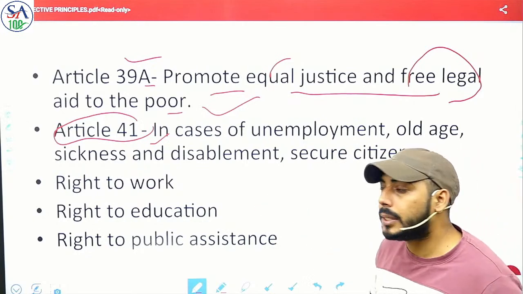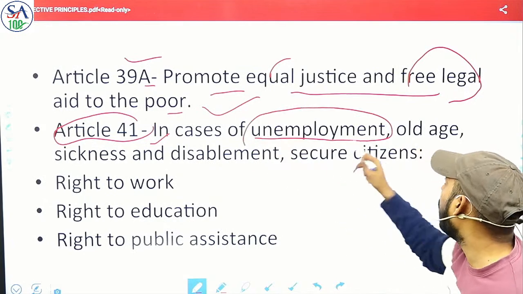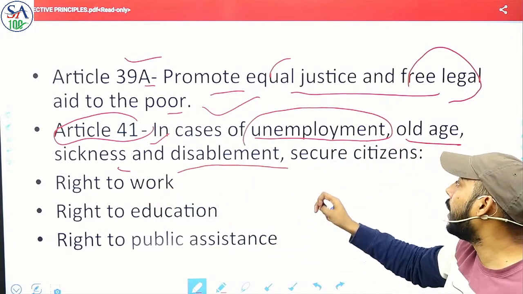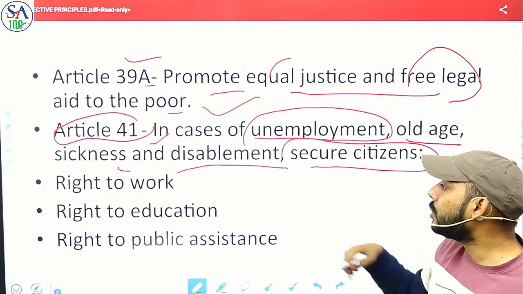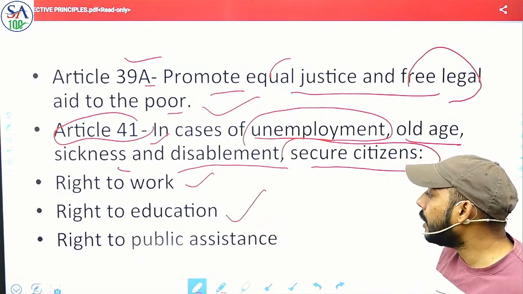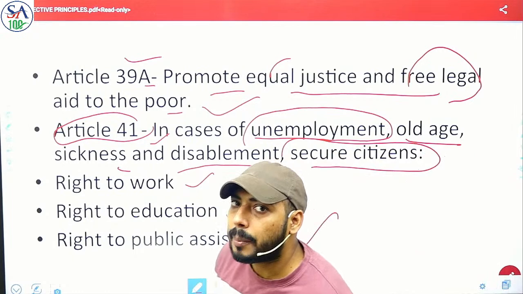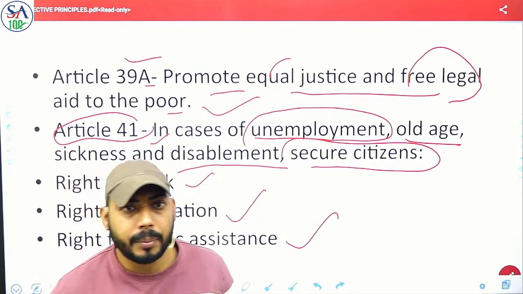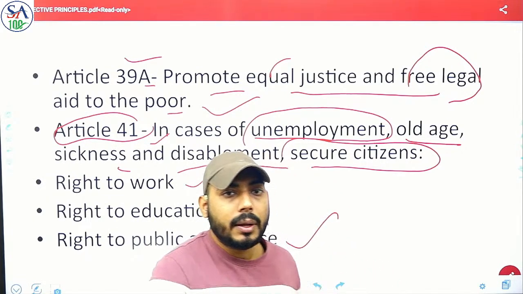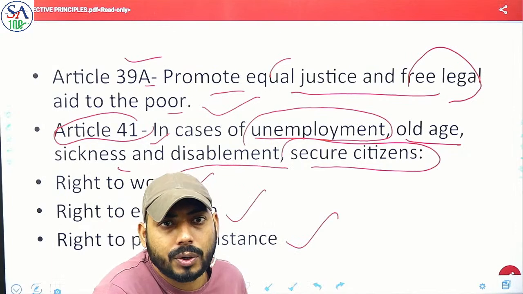This article says that in the case of unemployment, old age, sickness, disablement, the state should secure the right to work, right to education, right to public assistance. For example, in the COVID-19 pandemic, we have seen that employment opportunities were not there, lockdowns were imposed throughout the country.